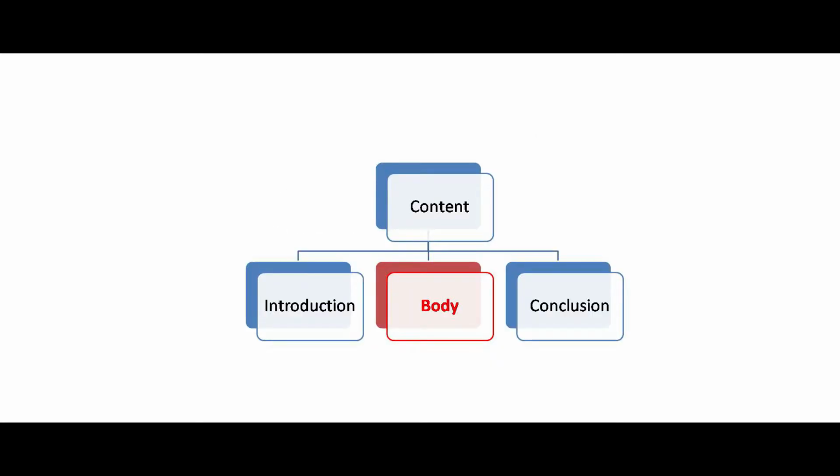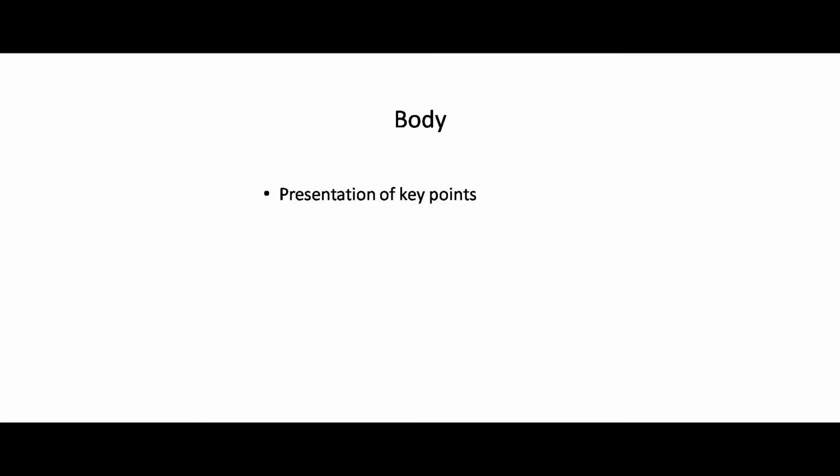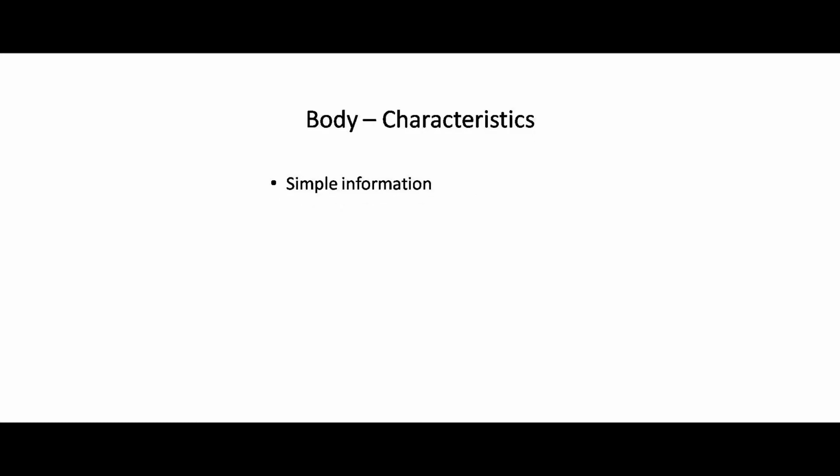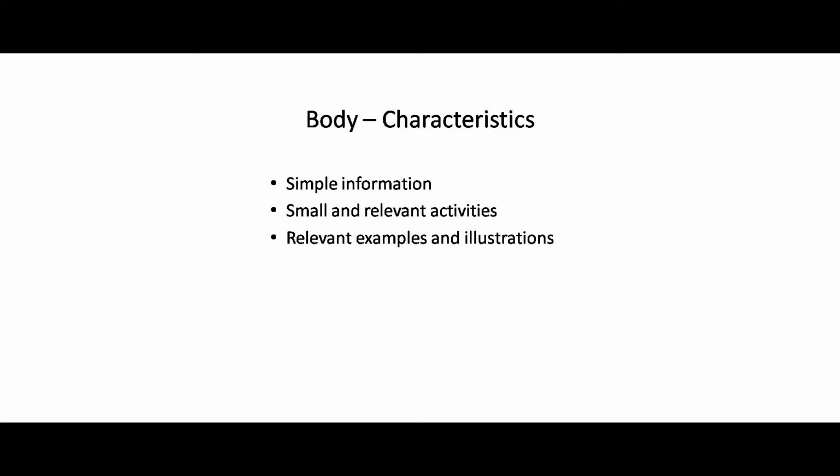The second session is body. It includes presentation of key concept or concepts and summarizing each key concept and its links. It should be presented through simple information, through small and relevant activities, and through relevant examples and illustrations.